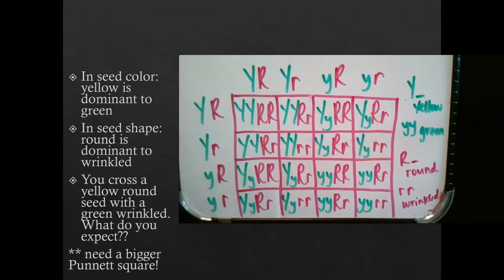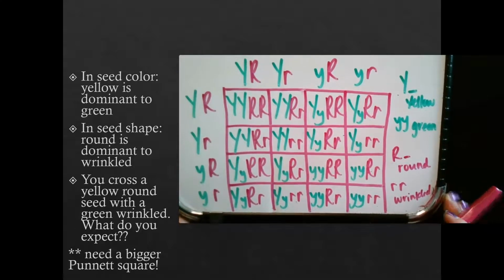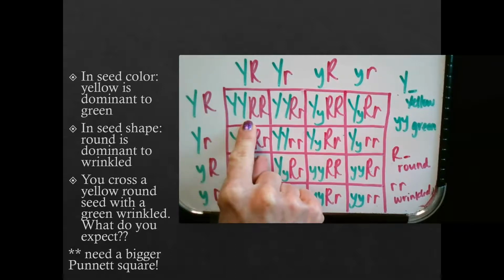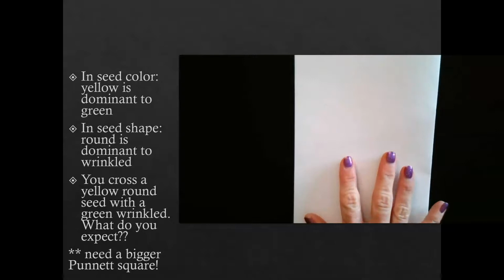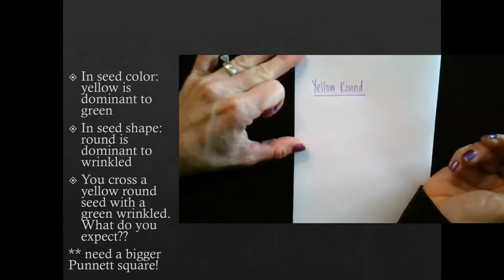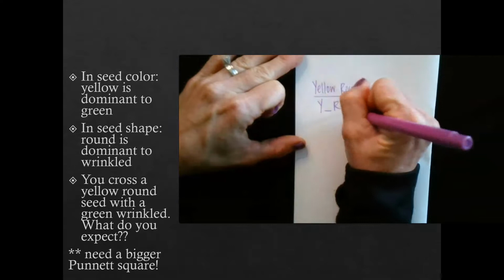So what we're going to be doing now is identifying the phenotypes of our offspring. So when we do this, we look in here and we say, okay, big Y, that means that I have a yellow. So my offspring are going to fall into one of four categories. I am going to have yellow round offspring, and they're going to be big Y blank, big R blank.